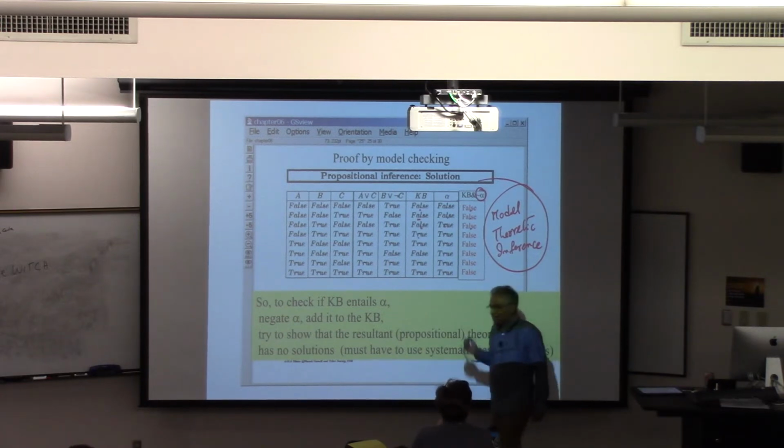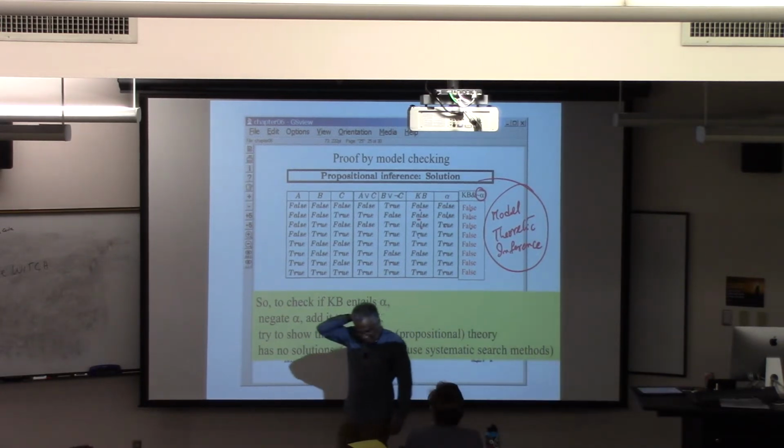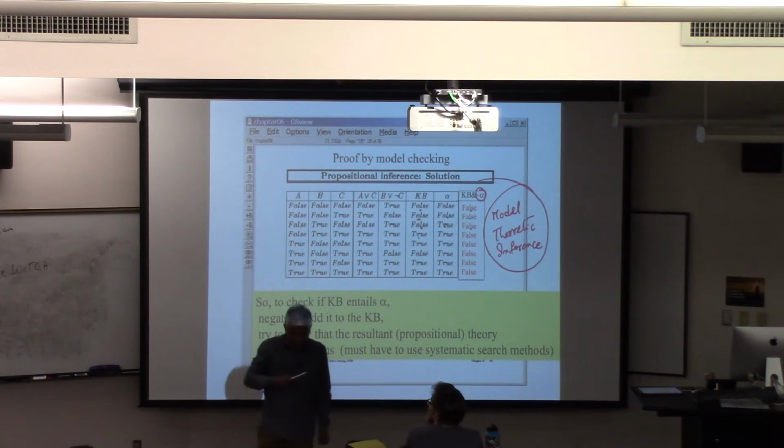Okay? Here's a question. What if my knowledge base was John came to the party, John didn't come to the party? Do you understand what I'm saying? What if I'm one of these people who are on high drugs? I said, oh, John came to the party, John didn't come to the party.